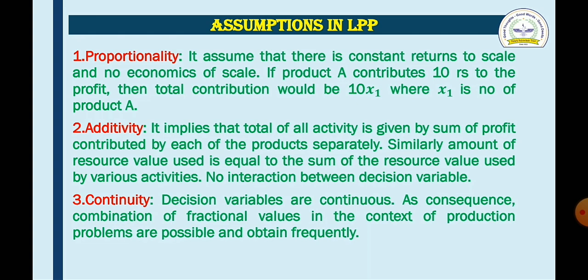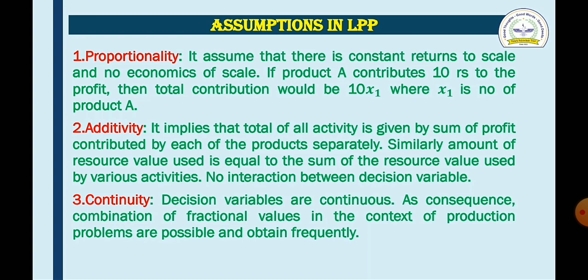Number 2, additivity. It implies that the total of all activity is given by the sum of the profit contributed by each of the products separately. Similarly, the amount of resources used is equal to the sum of the resources used by the various activities.